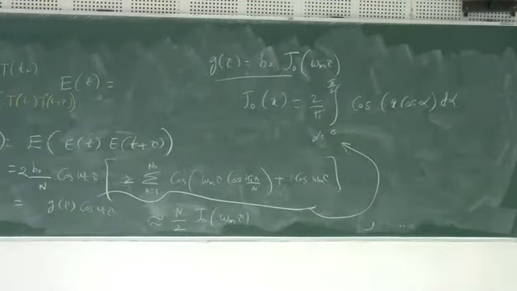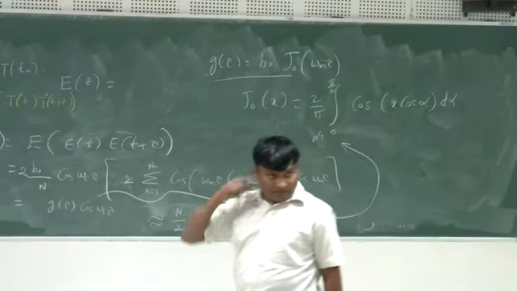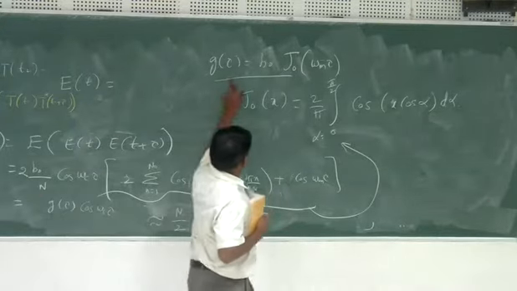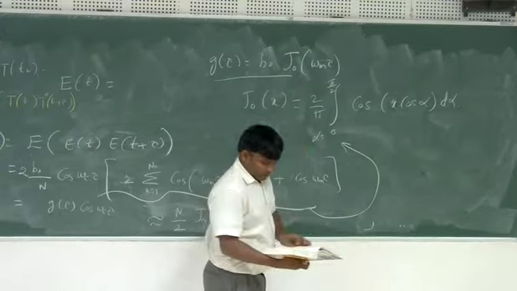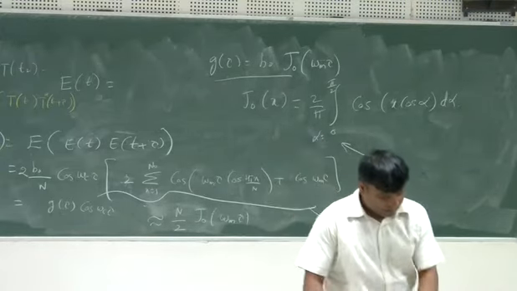The approximation becomes the continuous case. Well, what is the point here? The point is R of tau is like a Bessel function which is parameterized by omega m.